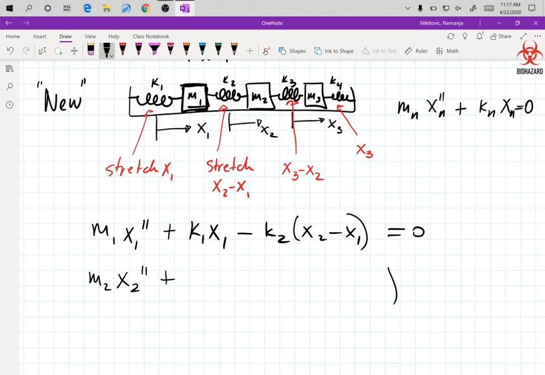So I will have my k2, and then k2 is x2 minus x1 for distance. And then I am going to have minus k3, where the distance for k3 is x3 minus x2, equals 0. So let me just check that.